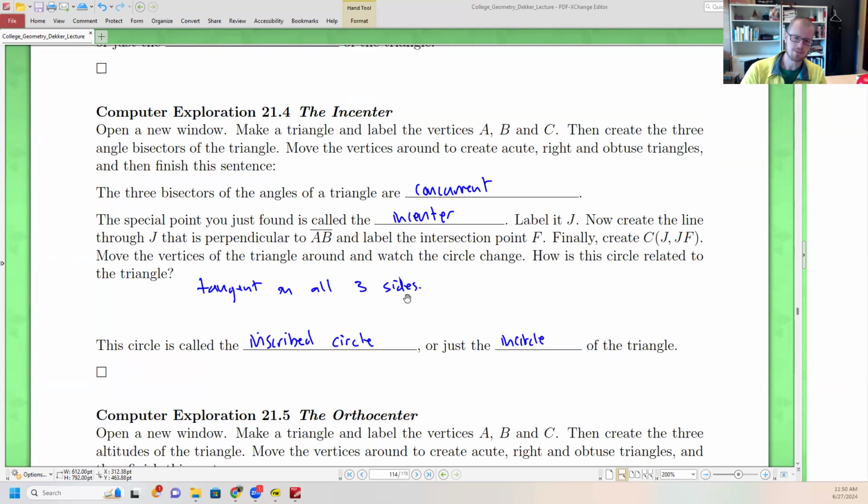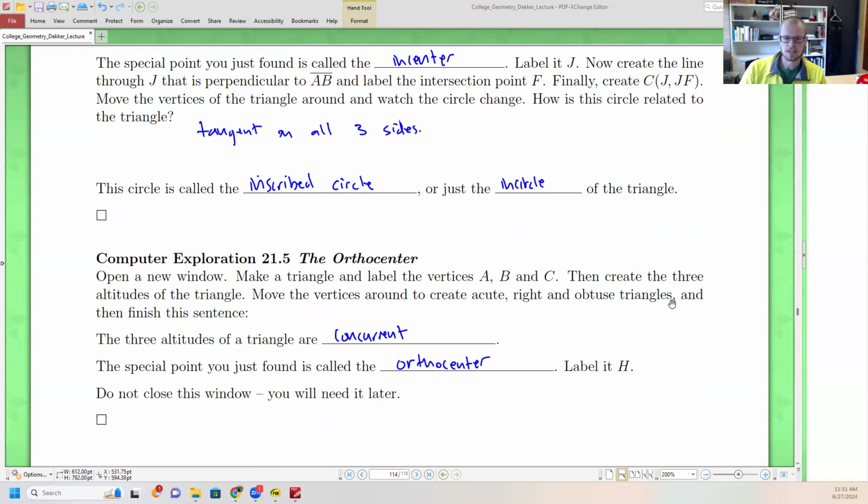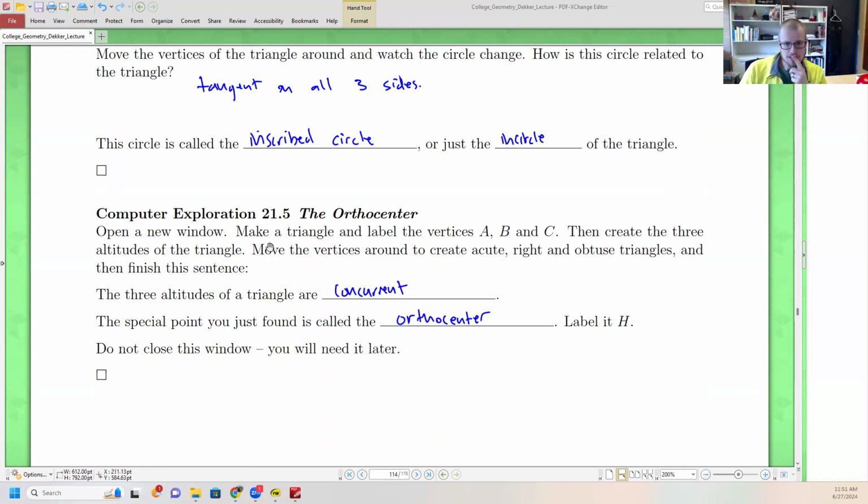This observation, I think you may have noticed, but maybe didn't quite say in the right way, so I wanted to make sure that was there. The circle is called the inscribed circle, rather than circumscribed, inscribed. But then we again shorten it to the incircle, the circle inside of the triangle, tangent to all sides. All right, last computer exploration that I asked you to complete.